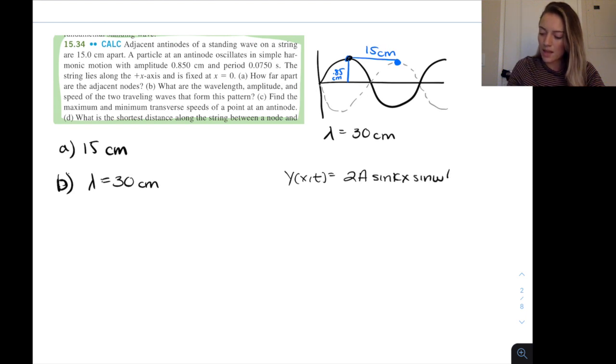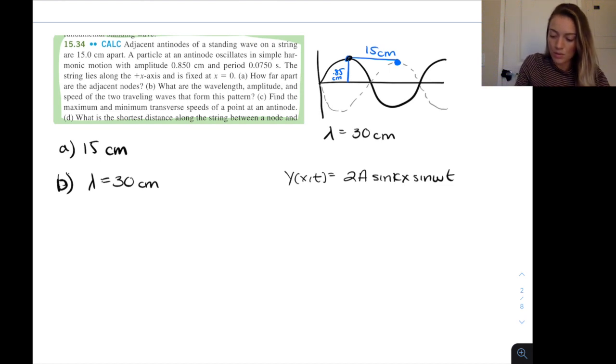We can see that the amplitude for our standing wave is actually twice the amplitude for each individual wave, because in a standing wave, they interfere constructively at the antinodes. So this 2a here corresponds to the 0.85 centimeters here. So each individual wave will have an amplitude of half this.